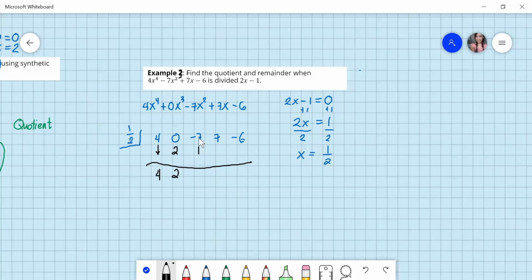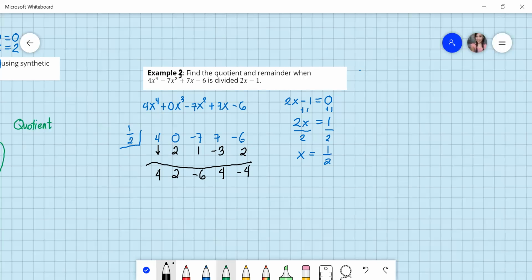Then add -7 plus 1, that's -6. And then multiply -6 times 1/2, that would be -3. And then 1 plus -3 would be -2. Then -2 times 1/2 would be -1. And -6 plus -1 would be -7.